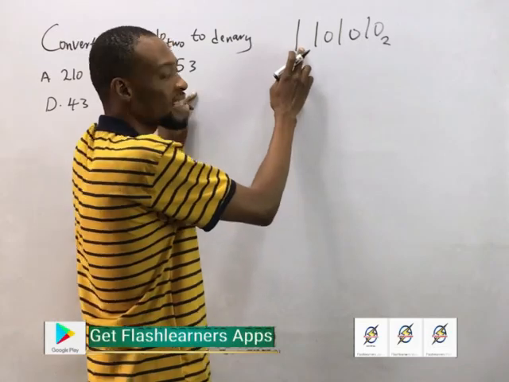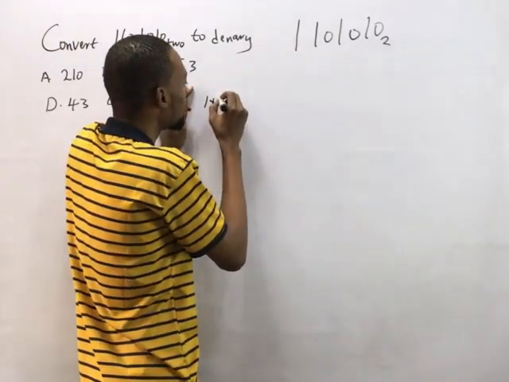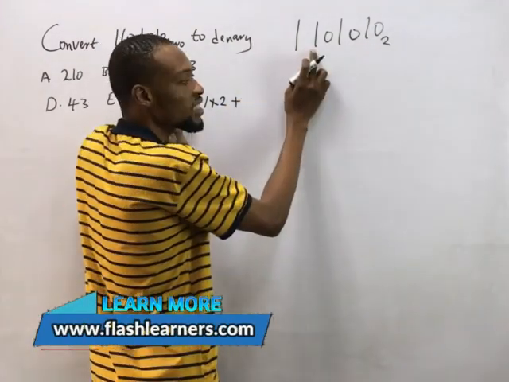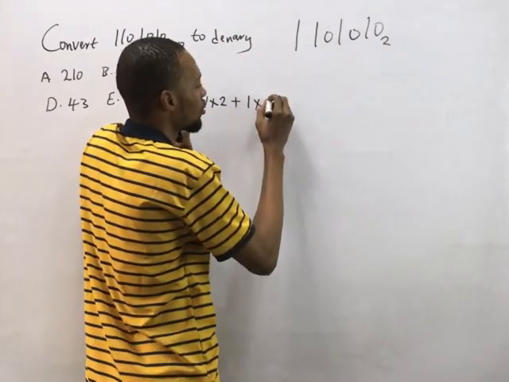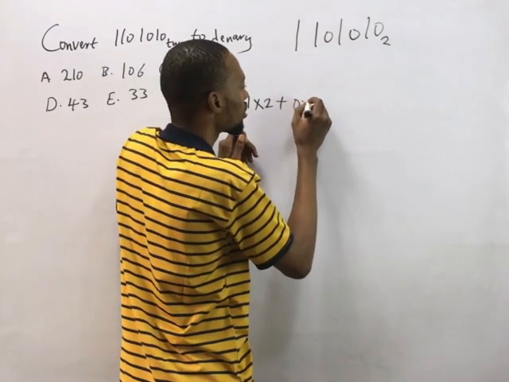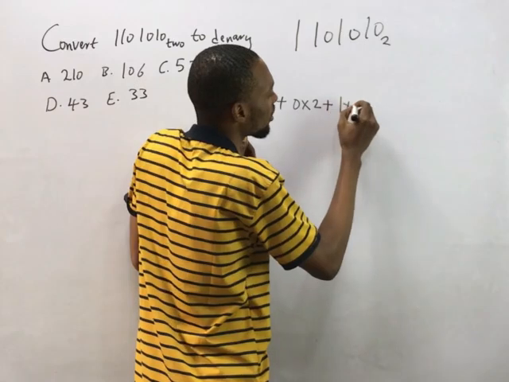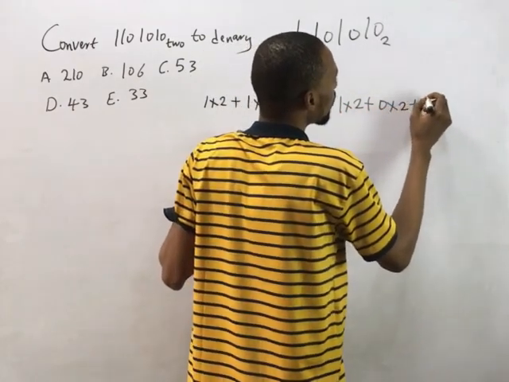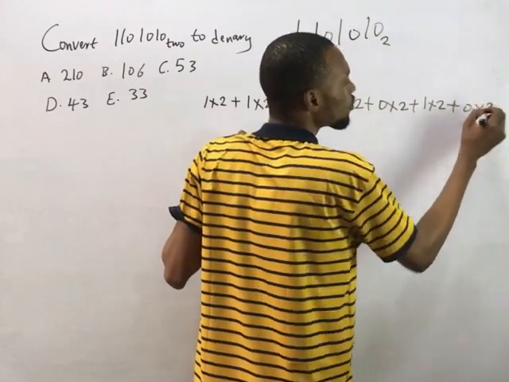As you are multiplying, you are adding. Let me do it. You take this 1, multiply it by 2, and you say plus. Take this other one, you say 1, multiply it by 2, then you say plus. You see this 0? 0 times 2 plus this 1 times 2 plus 0 times 2 plus 1 times 2 plus last 0 times 2.